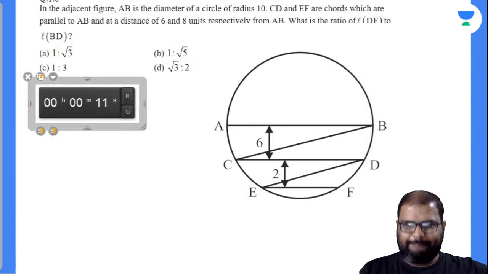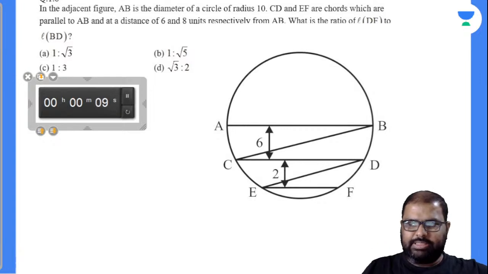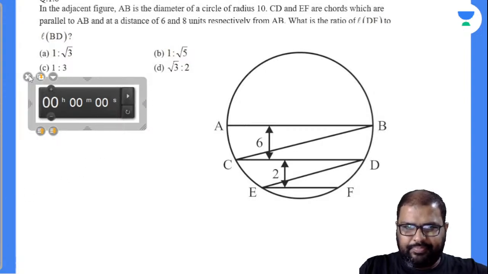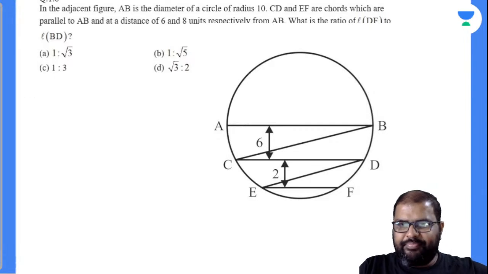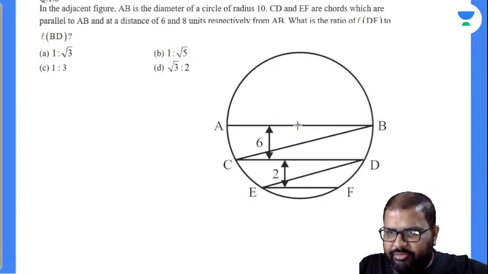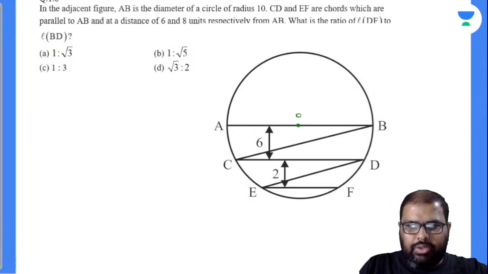So the question there. In the adjacent figure, AB is the diameter of a circle of radius 10. Okay, fine. So I will take down this as the center of the circle, O, and closely observe there.